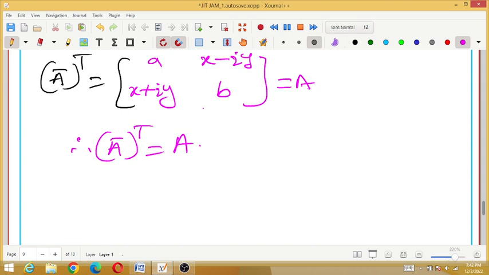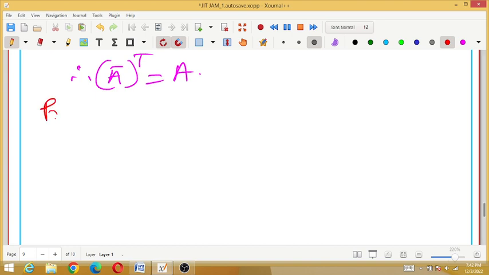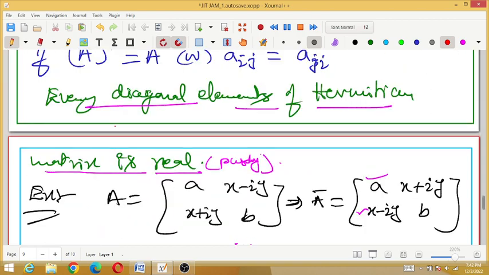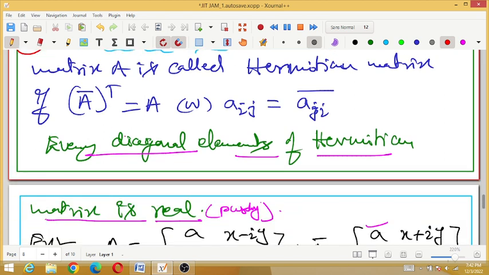Now some properties on Hermitian matrices.